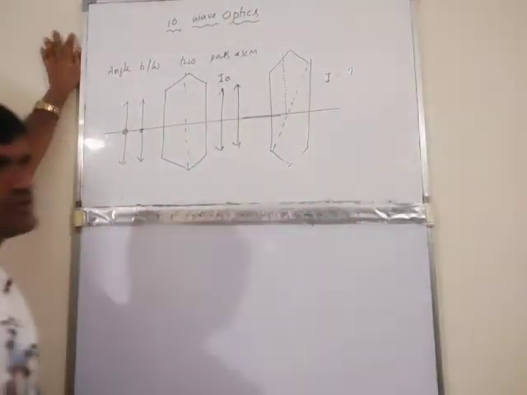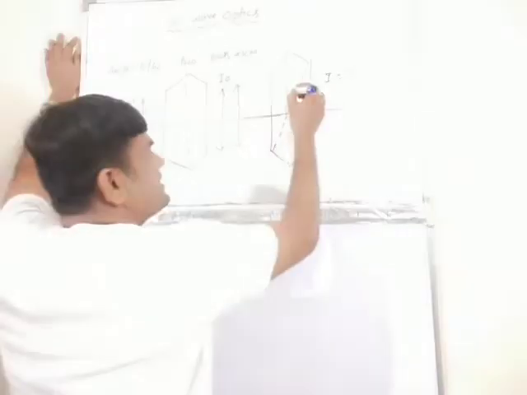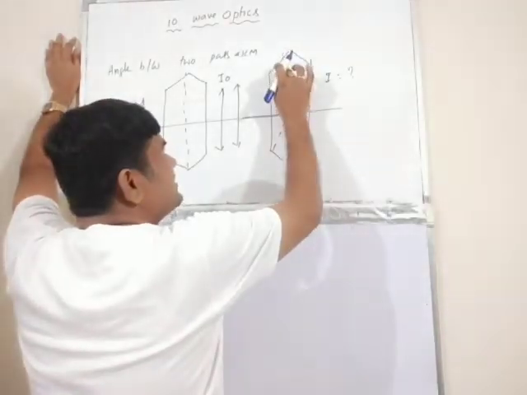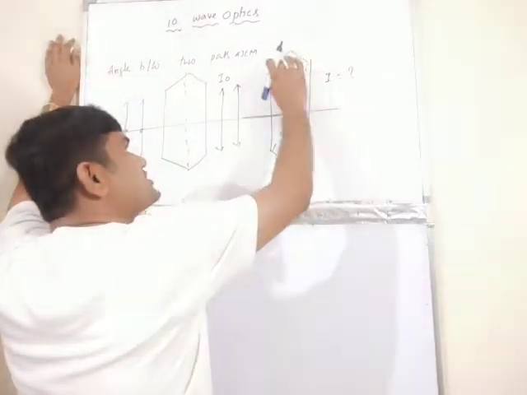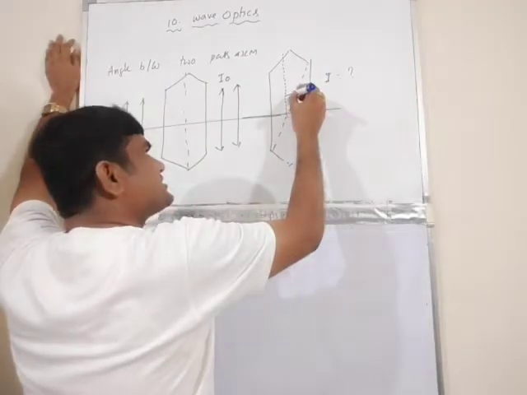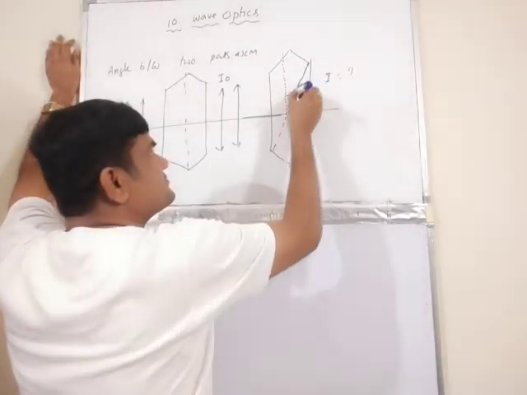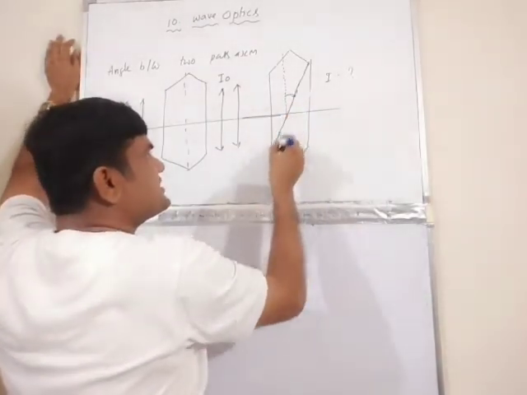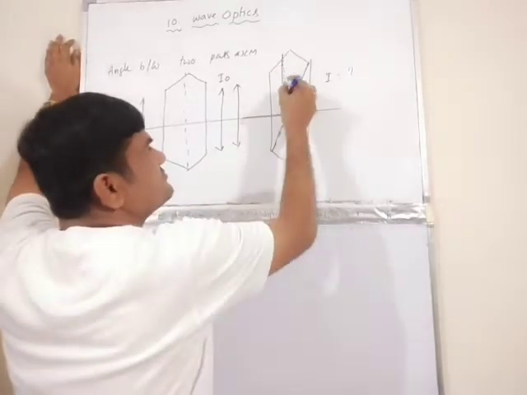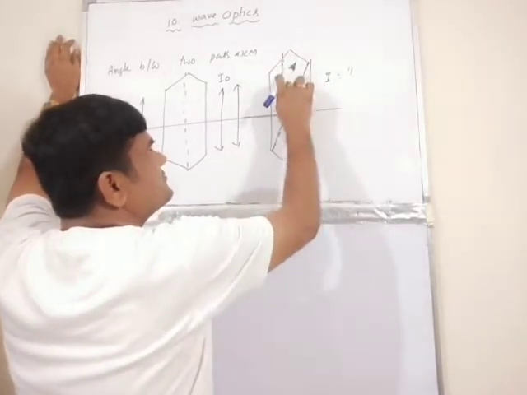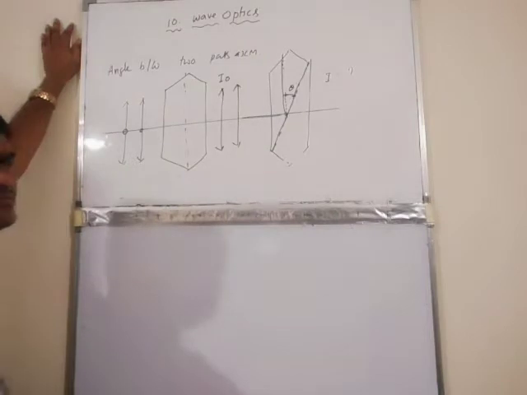Here the axis is making some angle in this direction. So this one is making theta here. Correct? Making theta.